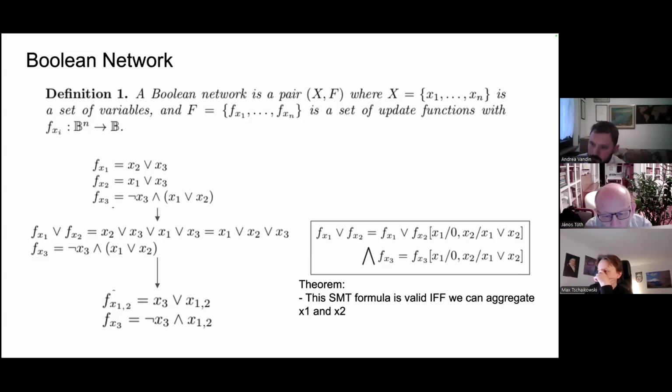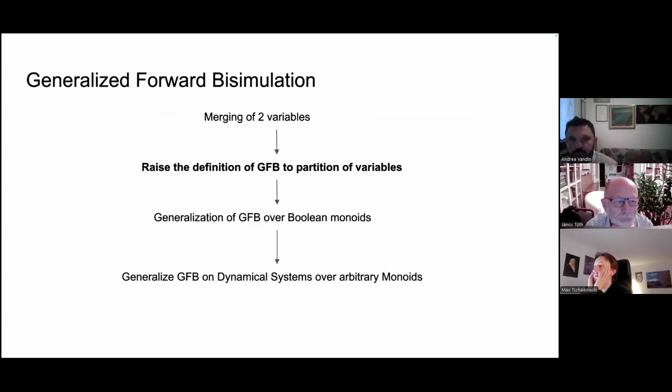Anyway, we build automatically a SAT formula. If it is valid, actually, this formula is valid if and only if the system can be rewritten as the OR of the two original variables, aggregating the two original variables. We have a theorem for this.